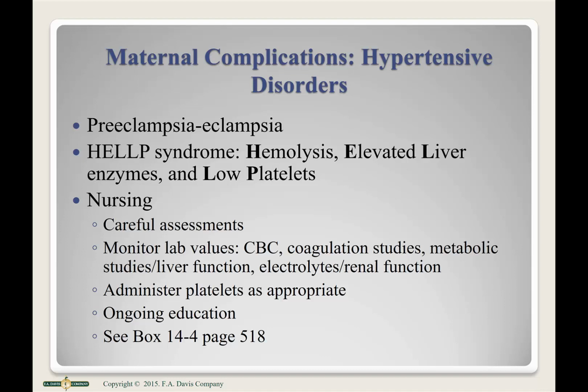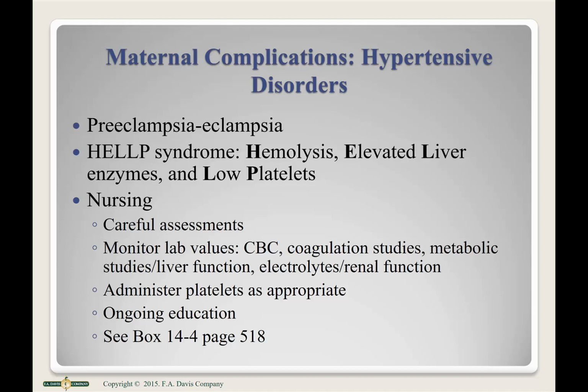Preeclampsia is a progressive disease, and they're not 100% sure why some women have it and some women don't. They do feel that it is related to the placenta, but whatever the placenta does that causes all this, they don't know.